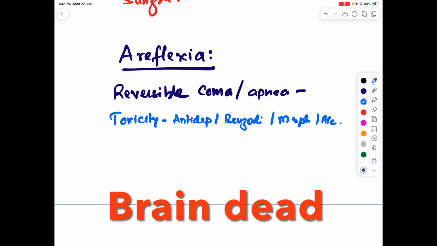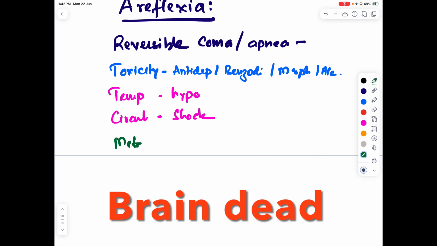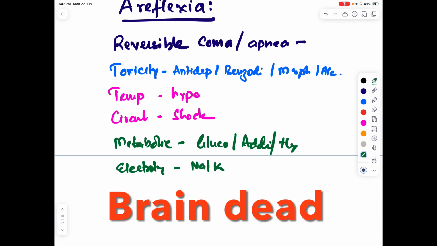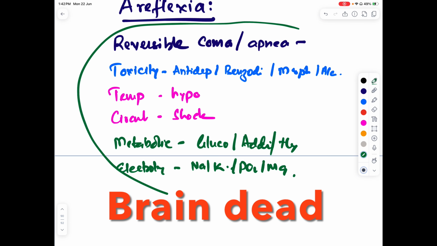Then temperature, it can be hypothermia, circulatory shock, metabolic causes like glucose level, Addisonian crisis, thyroid storm, and electrolytes: sodium, potassium, phosphate, magnesium. Once you are clear of all these causes, these are the reversible causes.